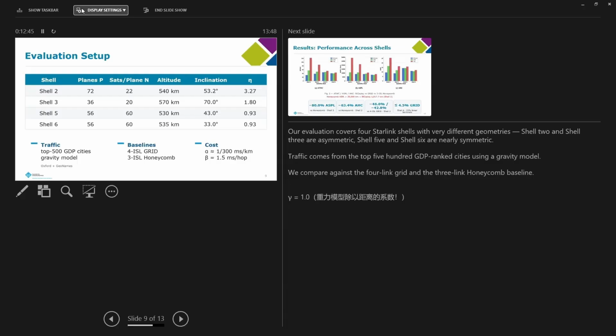While in the grid, it will force the satellites to go to the high latitude first, and then cross the links in the same plane. But our BiCayley method uses 3 generator offsets. It will create shortcuts between satellites from different planes, which will reduce the overall average shortest path length, and thus reduce the propagation delay. And that's why we can outperform the 4-ISL grid method in very asymmetric configurations.